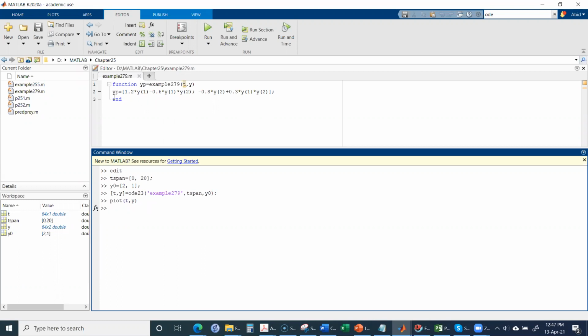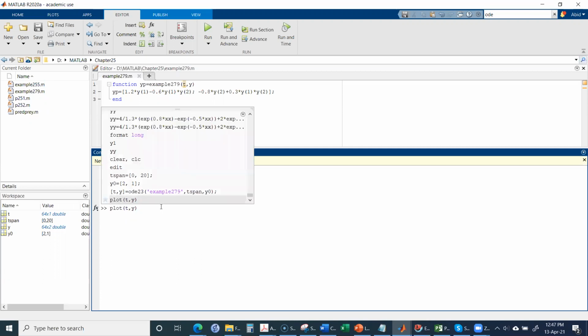The difference from the previous case, when we used only one equation, is that for the system of equations we have to input all these equations into one matrix format. The span and the initial condition we will also represent in matrix format, and then we can apply any ODE solver, 2, 3, or 4, 5.